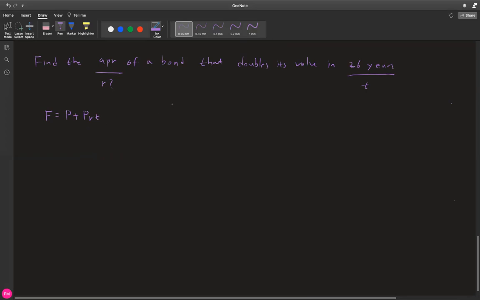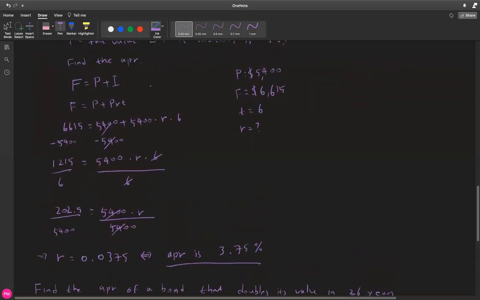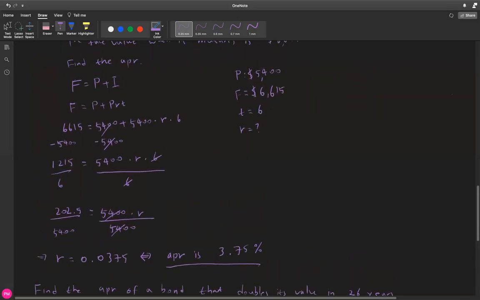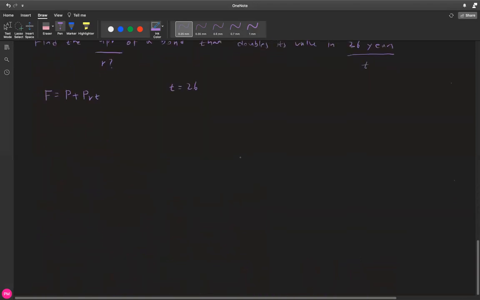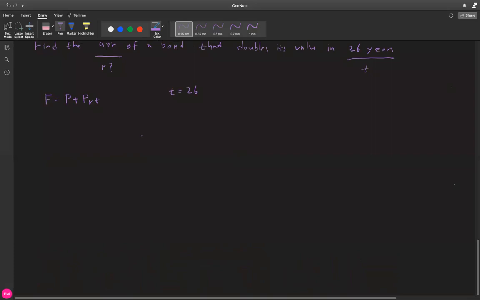Here we know that the term is 26 years, but we do not know anything else. In the previous problem where we also had to find the APR, we were at least given the principal and the face value.